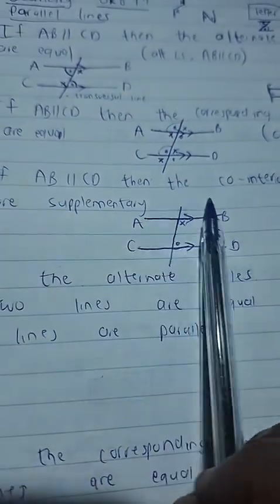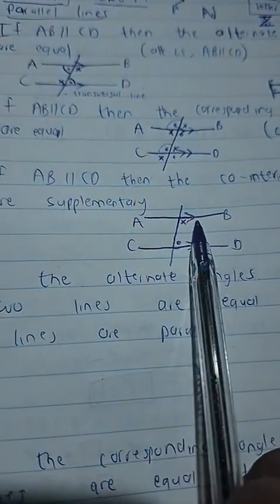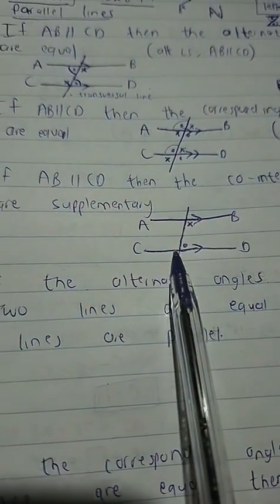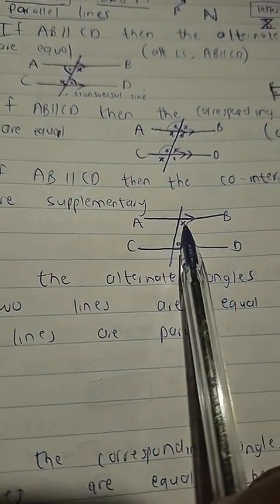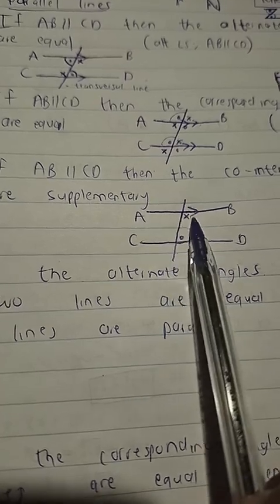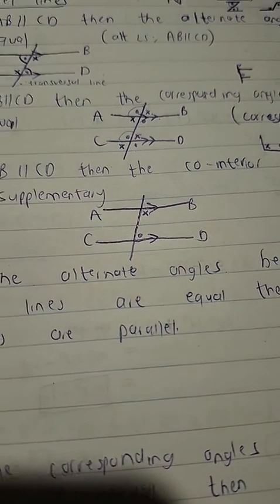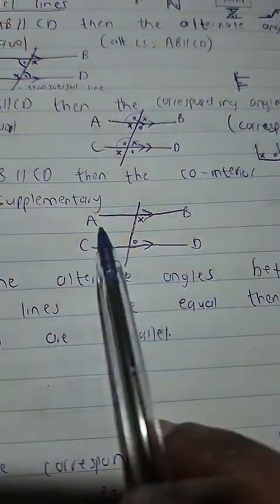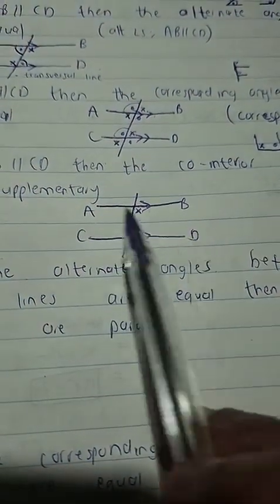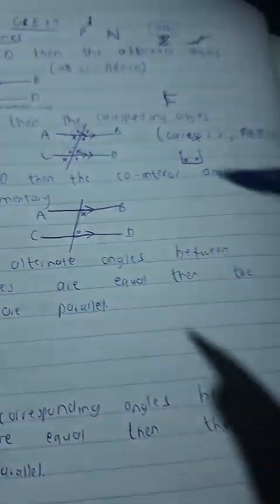On the same side of the transversal line, that's where the U is situated. This angle and this angle are what we refer to as co-interior angles. The angles are supplementary as long as the lines are parallel.